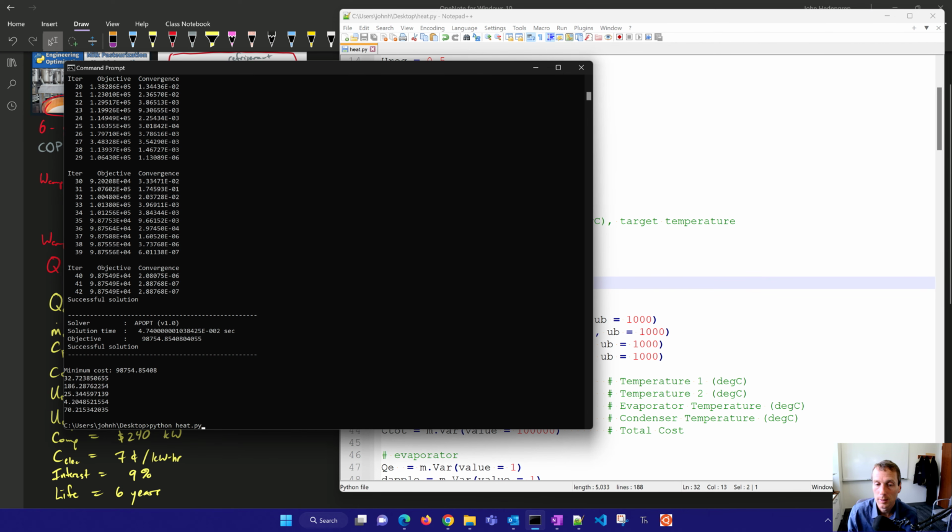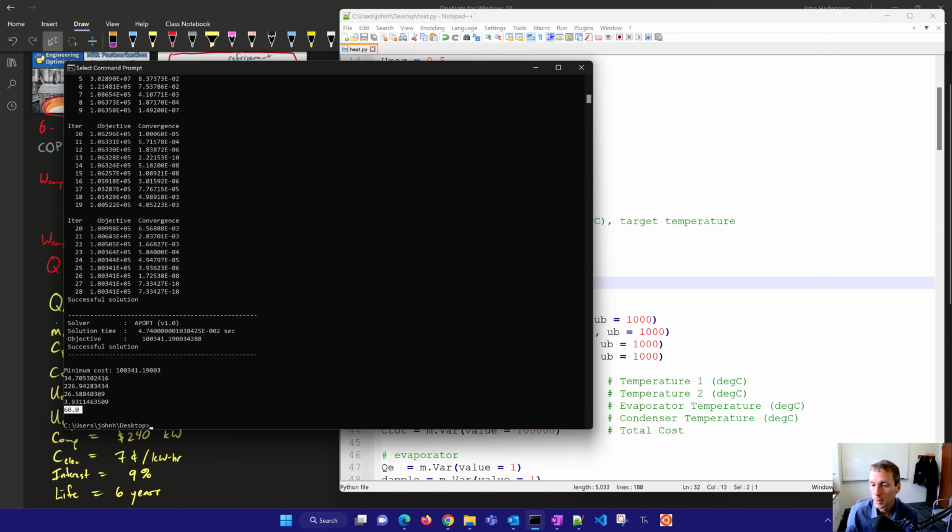All right, so 98,754, and you can see it's going to cost us a few $1,000 more, 100,341, because we had to specify that our compressor was 60 instead of letting it optimize it and get it to be a higher compressor.